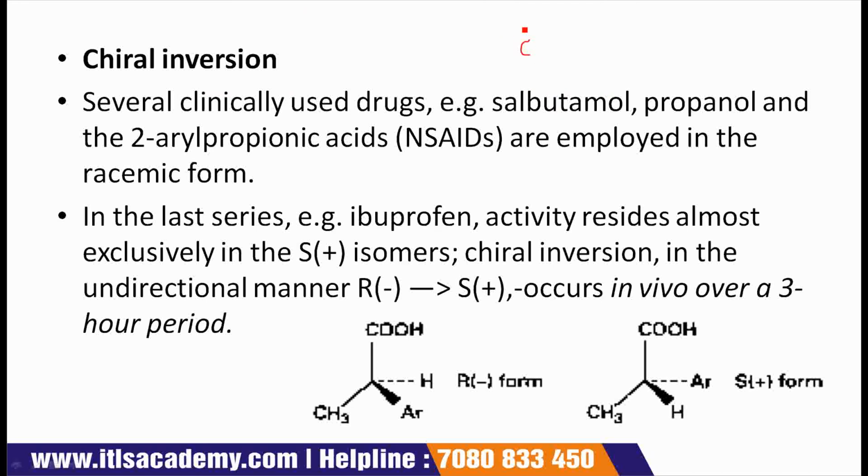While if this carbon has 4 different groups, like we can draw, this is hydrogen, this is an amino group, this is any particular R group, and this is a carboxylic group, that is COOH. You can see this carbon is attached to 4 different groups. All groups are different, not the same. So this carbon will be known as a chiral carbon. So chirality is something having all valencies filled by different groups.